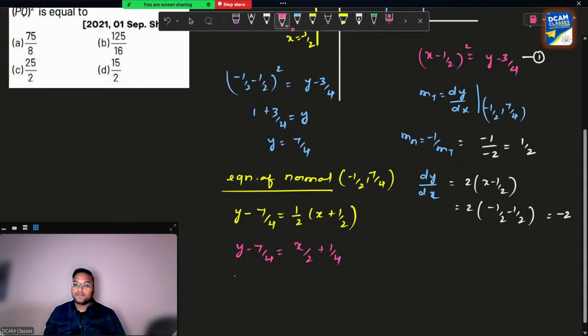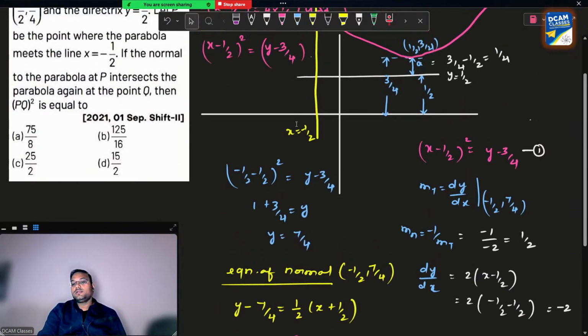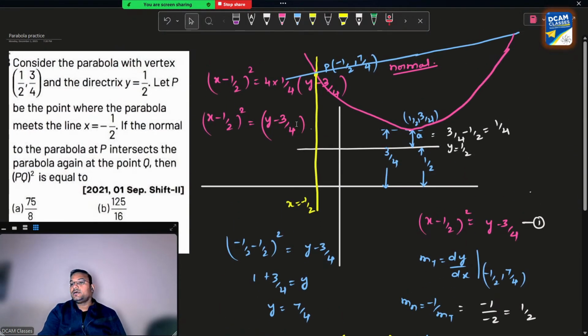So y is equal to x by 2 plus 7 plus 1, 8 by 4, plus 2. So x minus 2y plus 4 is equal to 0. This is the normal. Now, if you want to find out Q, you have to solve this equation again with the parabola.